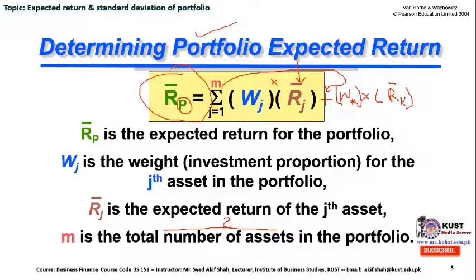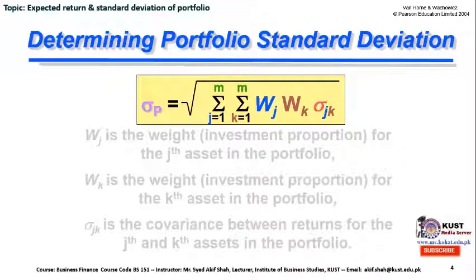So M refers to the number of assets in the portfolio. By using this formula, we can come up with the portfolio's expected return. Now let us discuss the formula used for calculation of the portfolio standard deviation, which is a measure of risk.